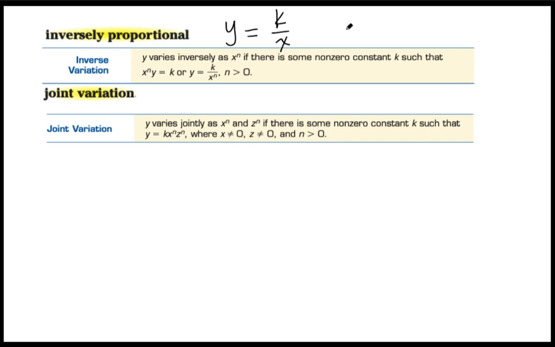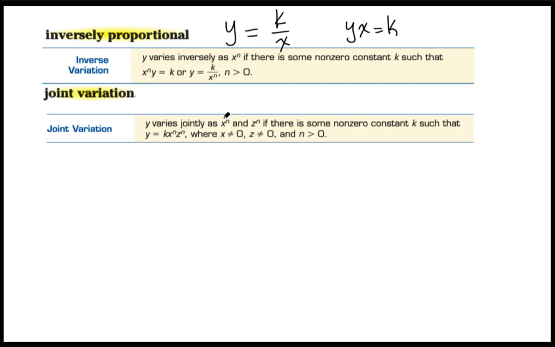And the relationship could also be written as y times x is equal to some number k, meaning the product of the two values, y and x, will always be a constant value. And again, just like last time, x doesn't have to be to the first power. It could be to any power in order for y to vary inversely as x to the n, again, as long as n is greater than 0.